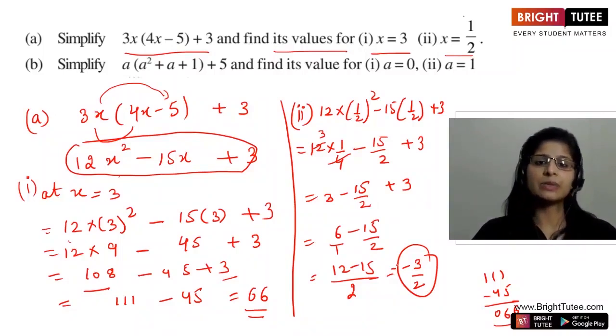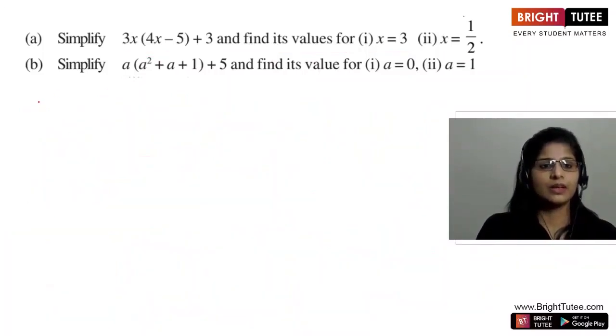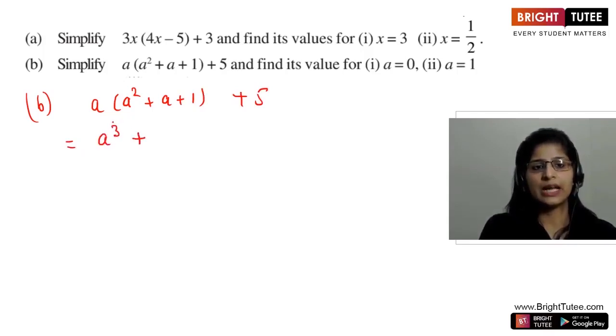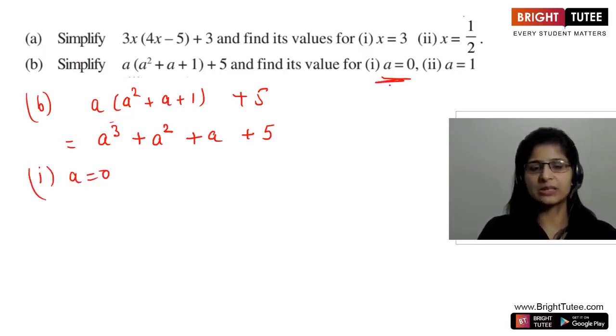Right? Now in the similar way we have to solve the second part of it. In the b part we are given a into (a square plus a plus 1) plus 5. Let us first simplify it. A into a square is a cube. A into a is a square. A into 1 is a. Plus 5. So we will first put a as equal to 0 according to the first part as the question is demanding.